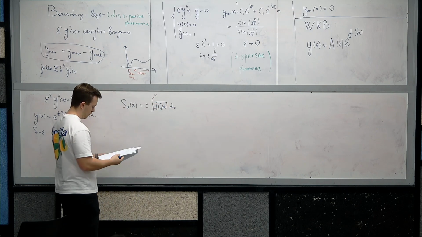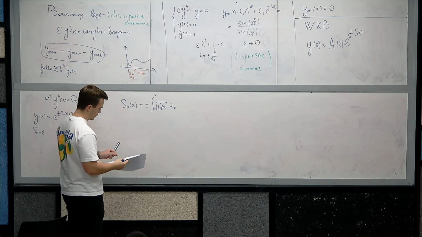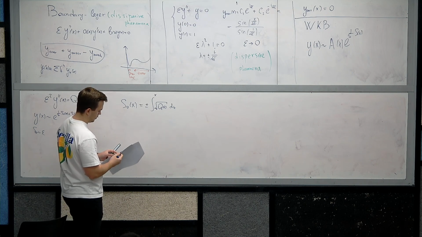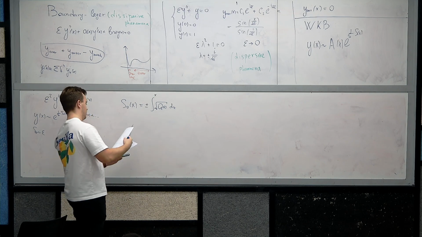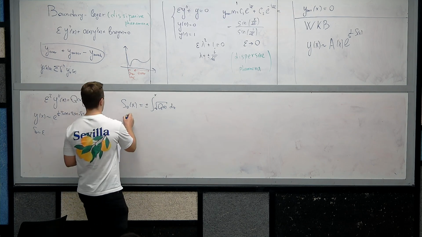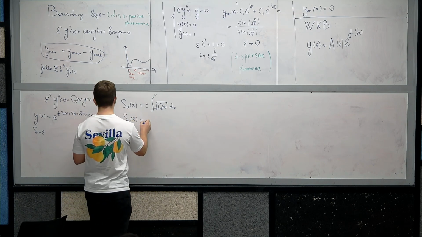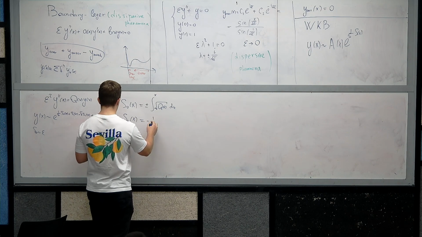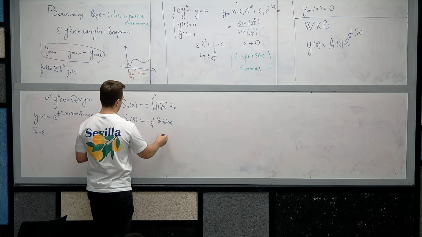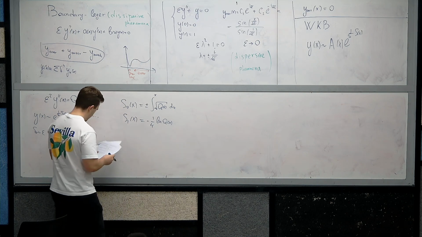Okay. Then for S1, s1 of x is minus 1 over 4 ln q of x.